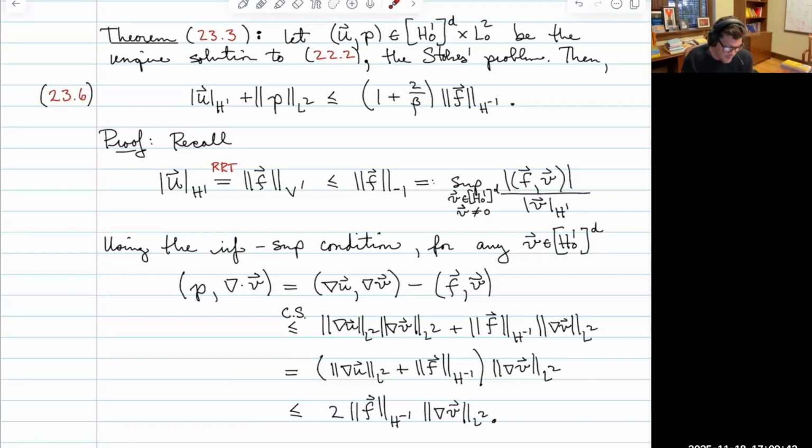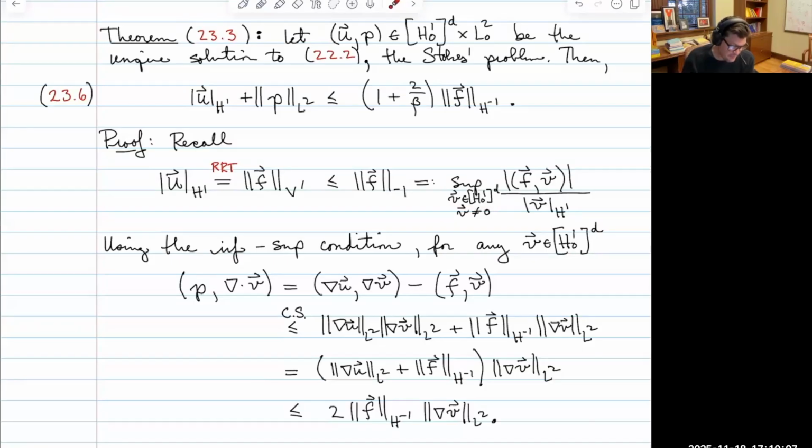So what is the operator norm of f? It is the supremum over all v in H01 of this quotient: f inner product with v over the H1 seminorm of v.